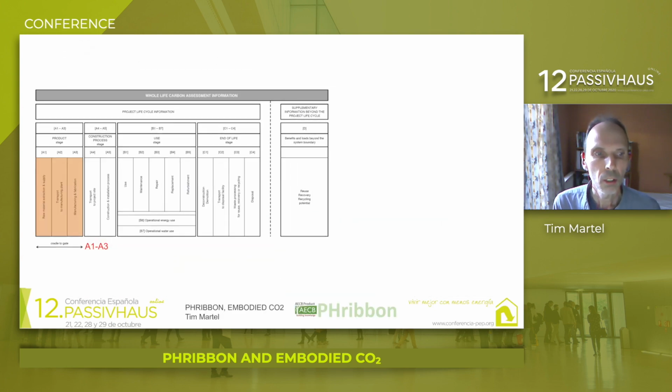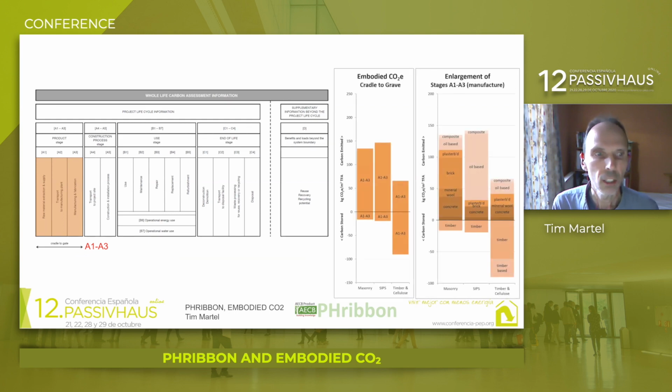So if we were to graph just stage A1 to A3, we'd get something that looked a bit like this. We have the bars here, which are emissions, and then below the zero here, below the axis here, we've got carbon stored.